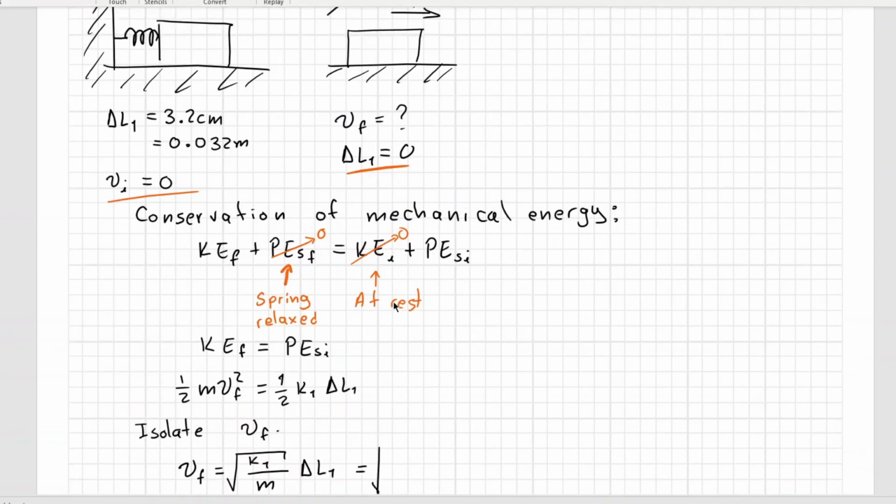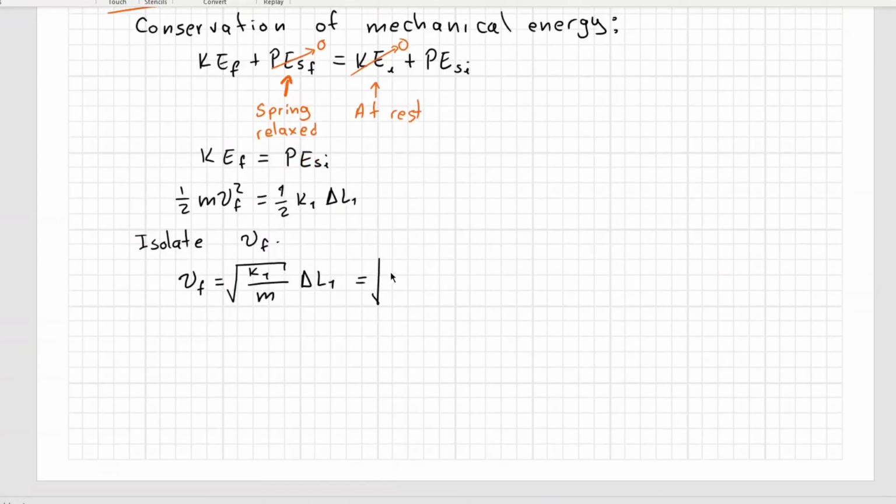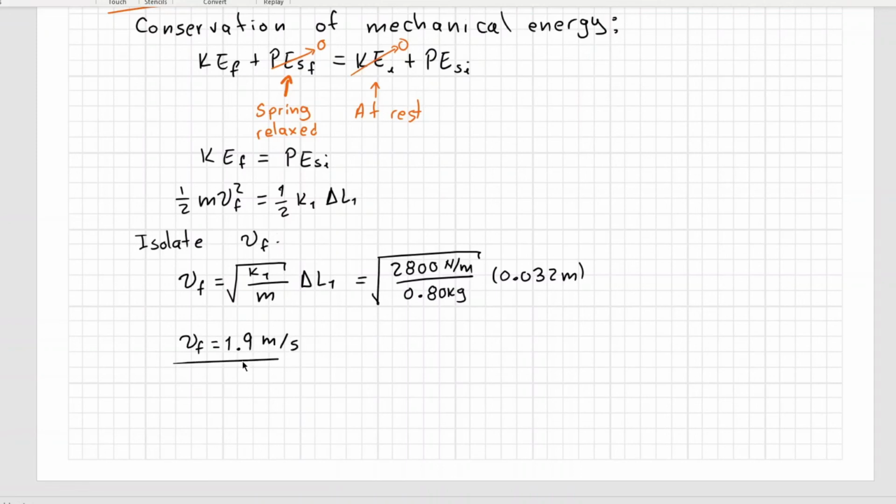So the spring constant for the spring on the left divided by the mass of the car, square root, multiplied by the initial compression of the spring. We get 1.9 meters per second for the maximum velocity of the car.